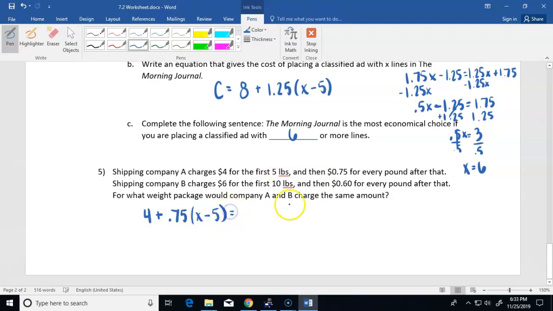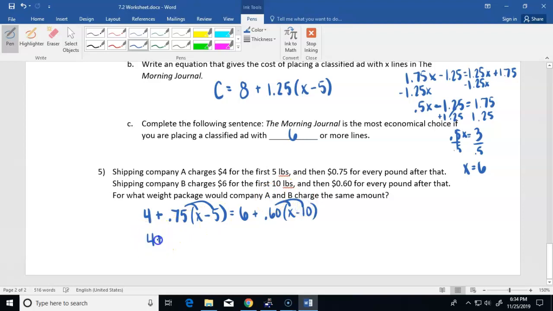That's going to equal, the other company charges $6 for your first 10 pounds, plus they charge 60 cents for every pound past that. Every pound past 10 means we need to say x minus 10 right here. To solve this, we'll distribute just like we did on the last problem.